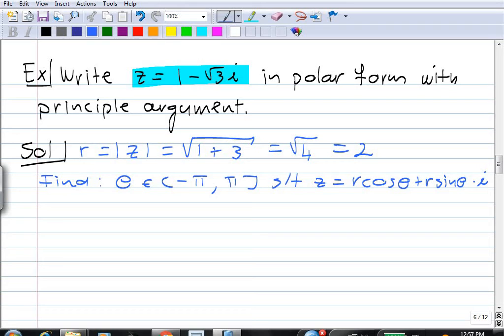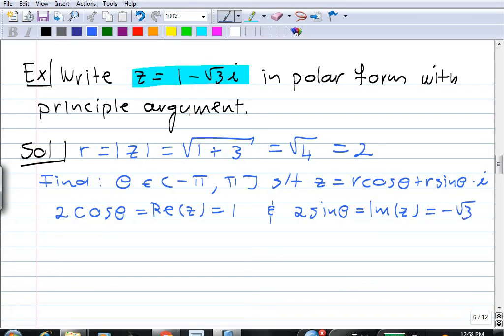Right. So in other words, we want 2 cos theta to be equal to the real part of z, which is 1, and we want 2 sine theta to be equal to the imaginary part of z, which is minus root 3.